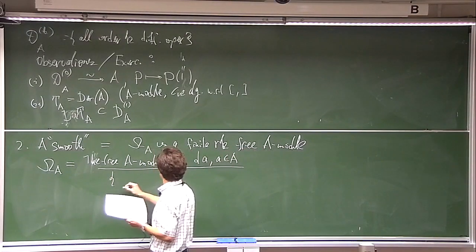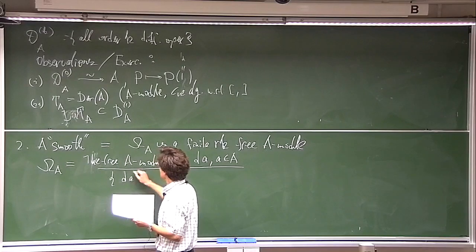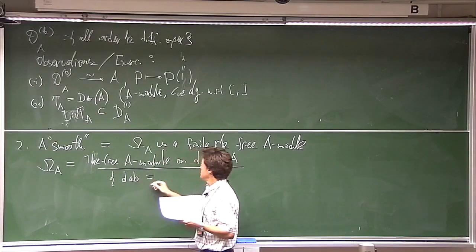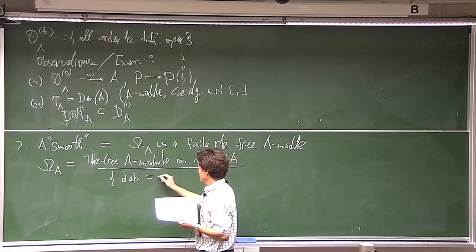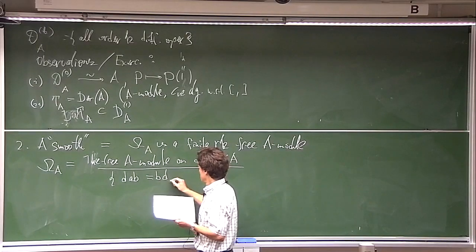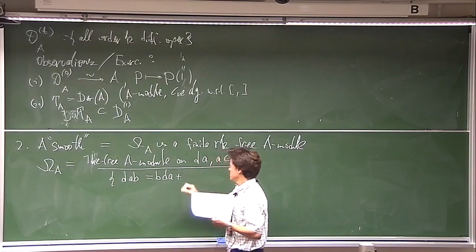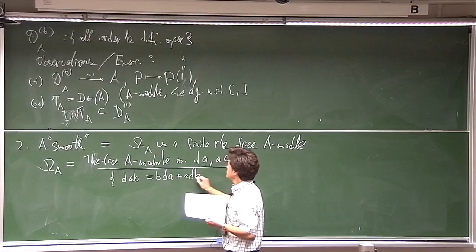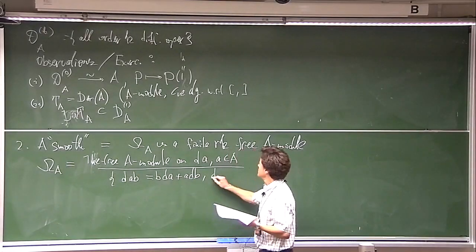The most important one is the relation that models the Leibniz rule.